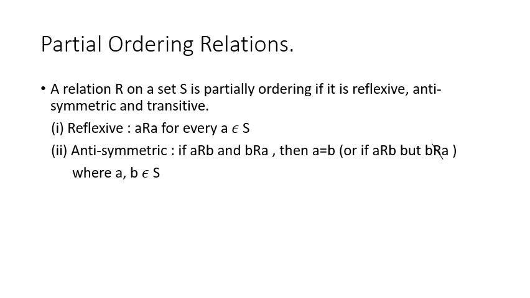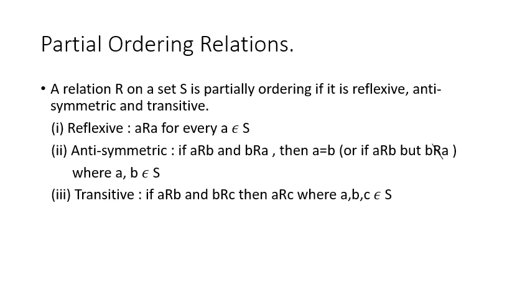Because if ordered pair 1, 2 belongs to the set and 2, 1 is not given, then you can say that it is antisymmetric. But if 1, 2 and 2, 1 are there, then we need to show that 1 is equal to 2, which is impossible. So it is enough to check if ordered pair 1, 2 belongs to the set, then ordered pair 2, 1 does not belong to the set. That is what antisymmetric is.